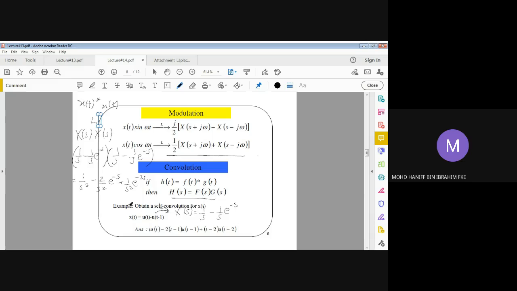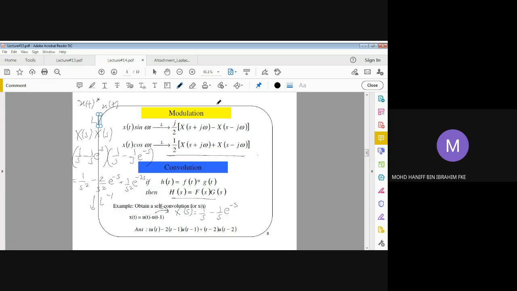What is meant by this example is the result of the self-convolution in the time domain. So you have to do the inverse Laplace transform to find the solution for these particular terms. You have to do the inverse for these three terms here.